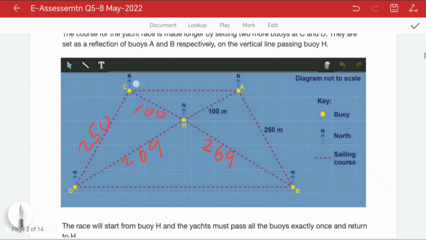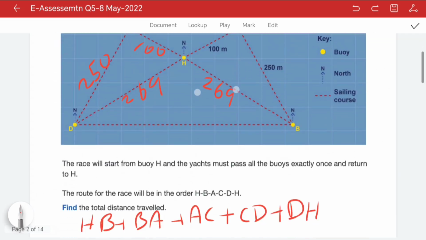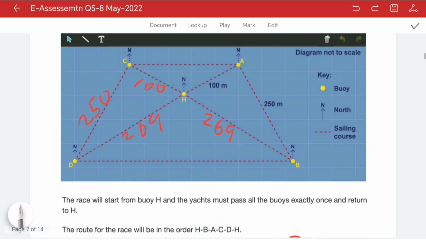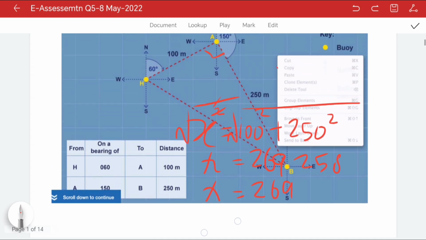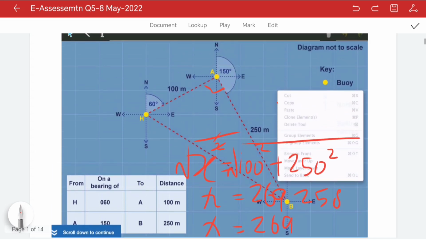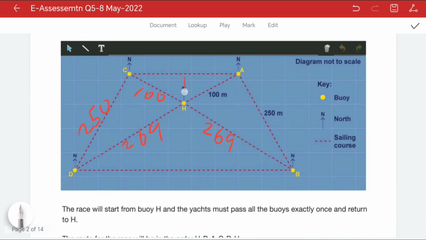So this distance, C and A, we don't know. As you saw in this question, actually it is the same. This is given 60, so it means this angle is 60. This is 100.